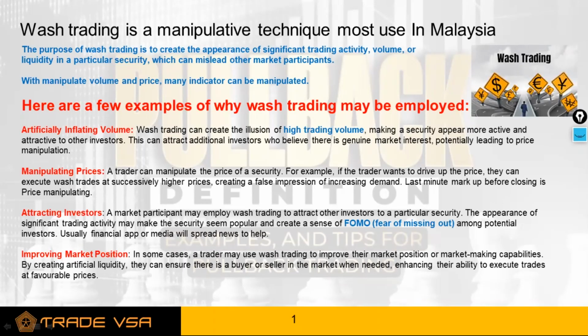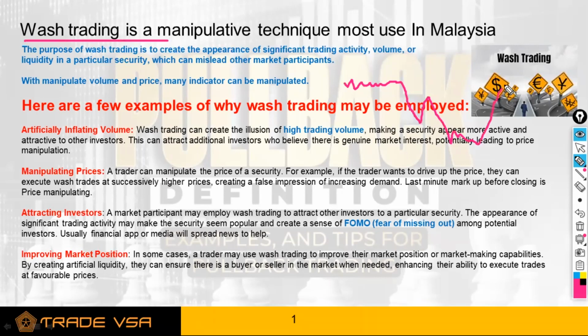The example we are picking up is what we call wash trading. Wash trading is actually the manipulation technique most used in Malaysia. Most of the time you can see them wash out, immediately after the stock skyrockets.